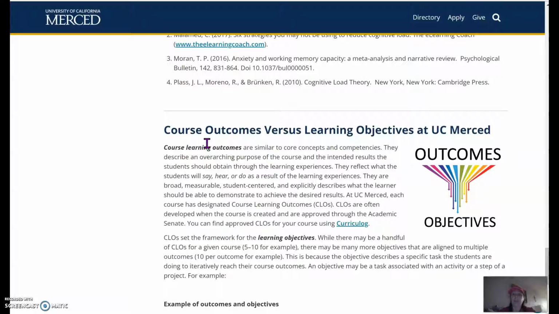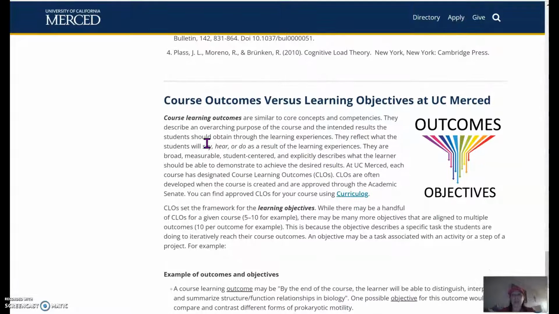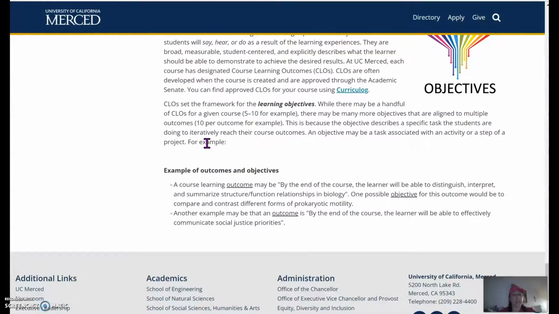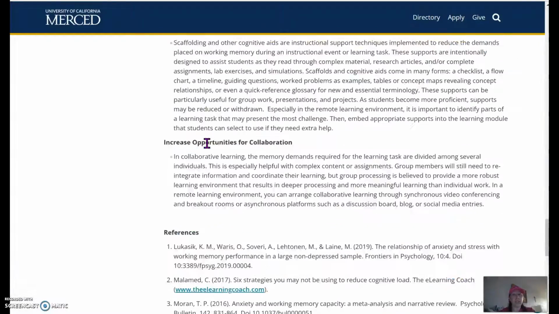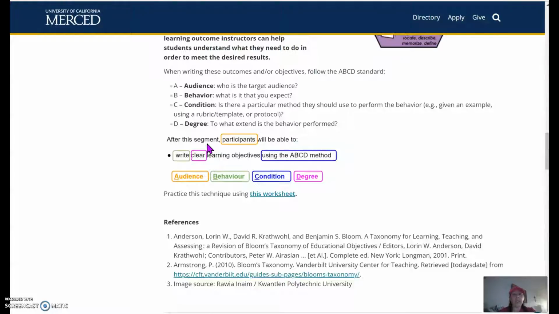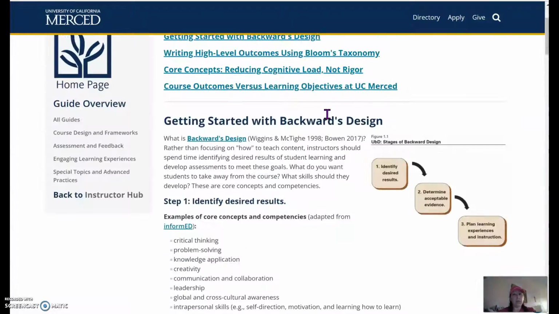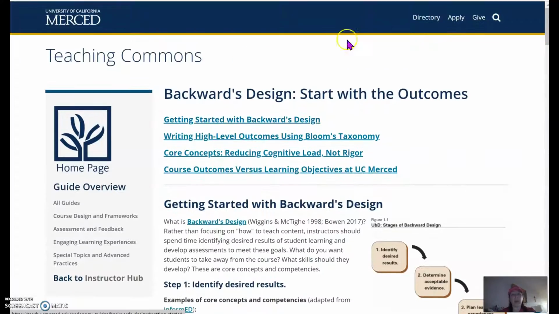And then lastly, it talks about the difference between outcomes and objectives when you're talking about planning a lesson. So understanding all the differences. I just like that it went into the different aspects of planning a lesson, furthering on into the article.